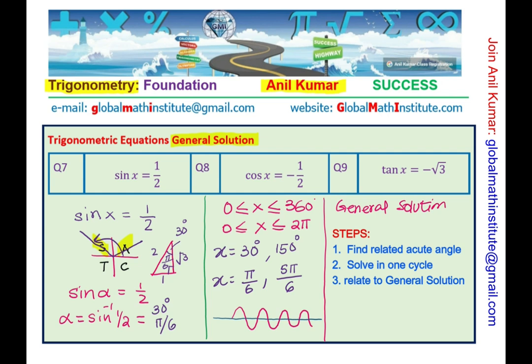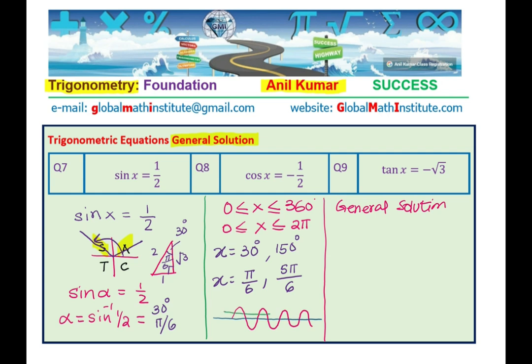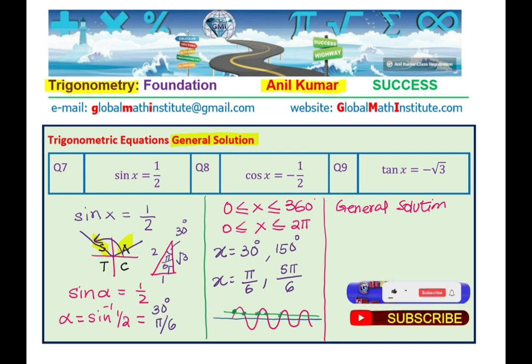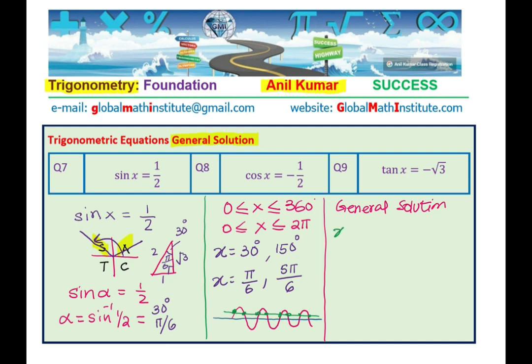What we are looking for, the value of half, means all these points, right? Now, the time period for one cycle is 360 degrees or 2 pi, correct? So, the general solution should be what? x equals 30 degrees plus 360 degrees, correct?